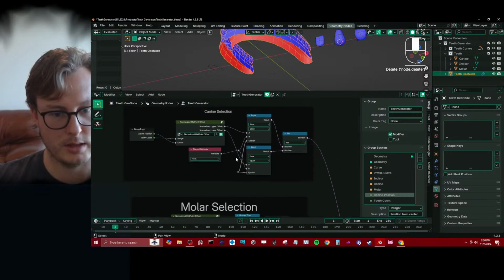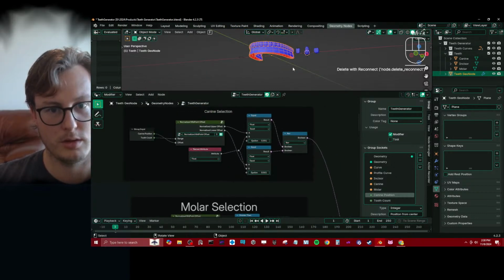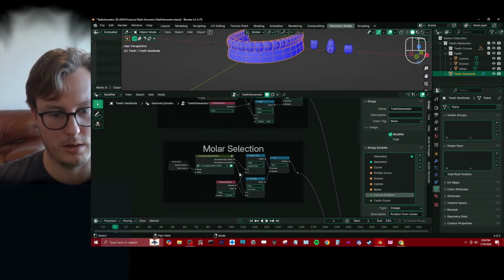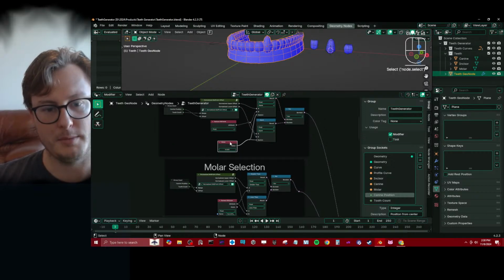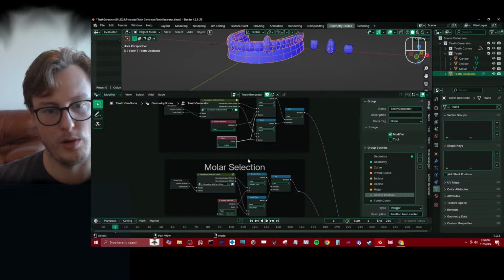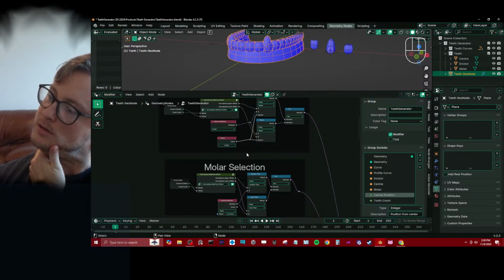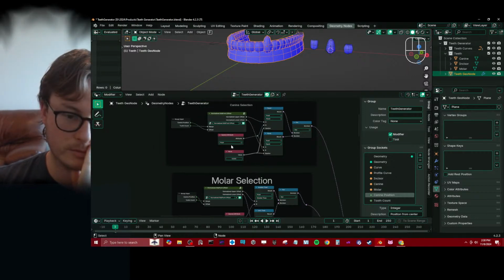And this here, epsilon. Epsilon's only for equals. Interesting.